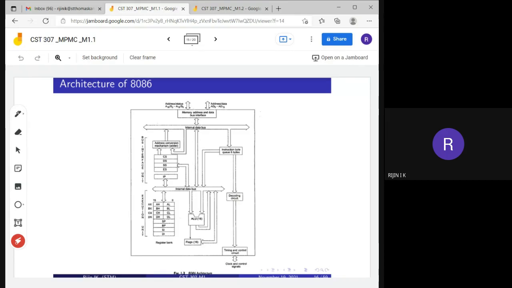So these are the different functional parts present in the execution unit.